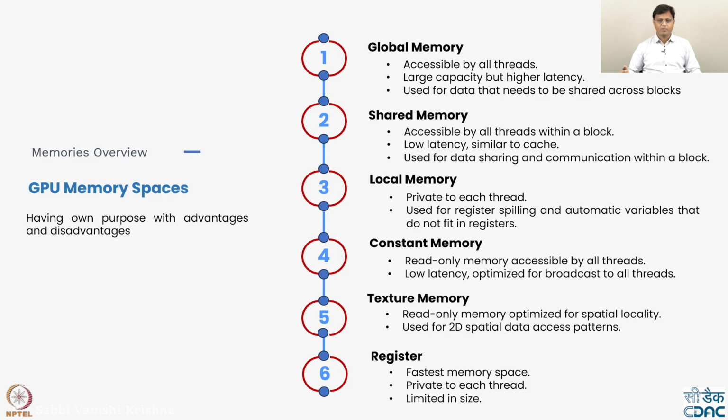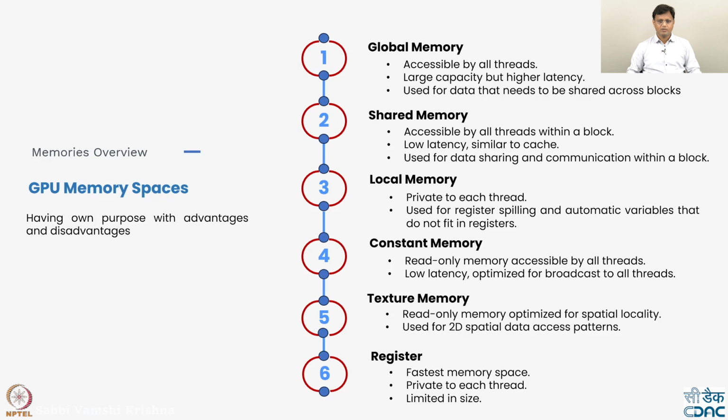It may be GDDR RAM or HBM RAM. This memory is accessible by all the threads and its capacity is large, high capacity, but it has a high latency as well, and it is used to store the data that need to be shared across multiple blocks.